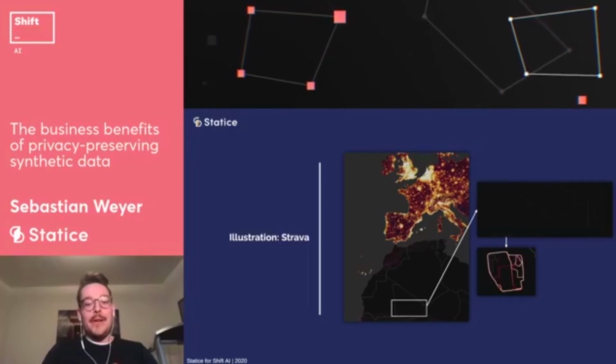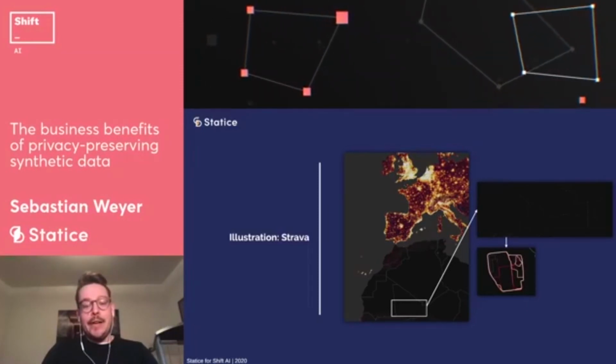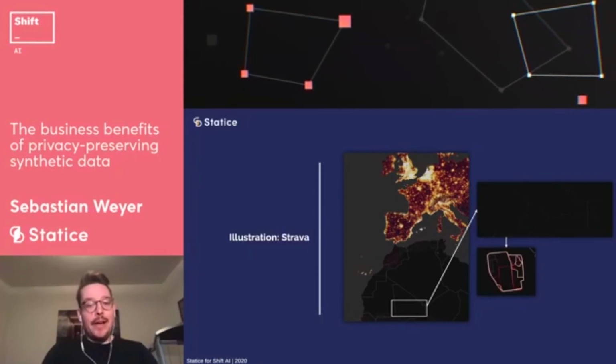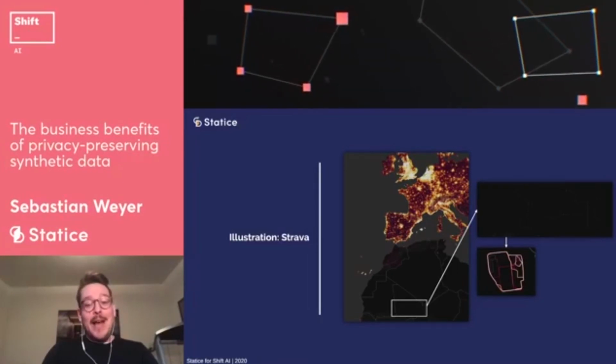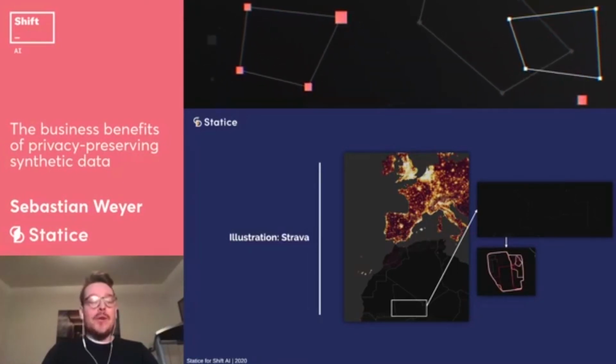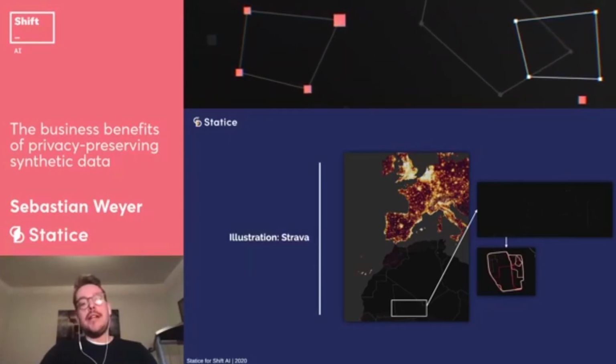For example, here in the Saharan area in Africa, running tracks in a very peculiar pattern on a small area actually revealed the presence of a secret military base that obviously was not supposed to be leaked by such a data set.